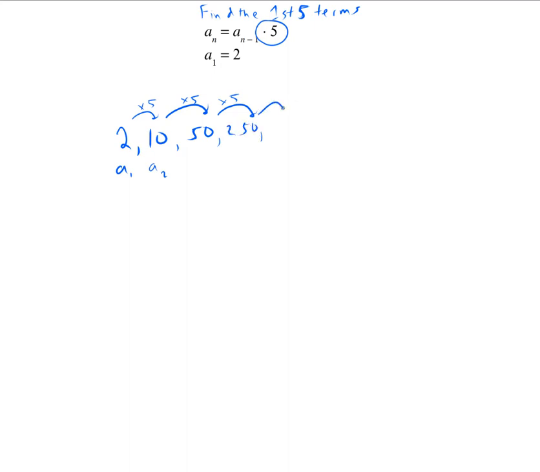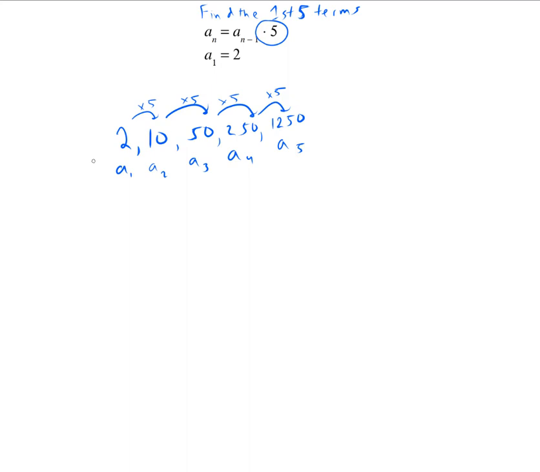And then I'm going to multiply it times 5 yet again. 250 times 5 is going to be 1,250. All right, and once again, this is a1, a2, a3, a4, and a5.